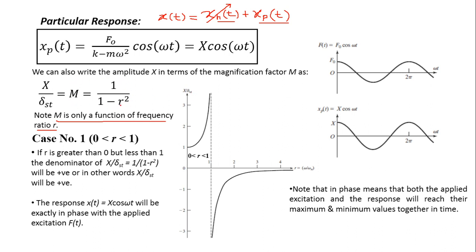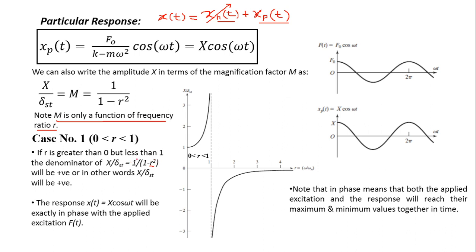You can substitute values of r between 0 and 1 and see how M is behaving. So if r is greater than 0 but less than 1, the denominator of this magnification factor will be positive, because r is either 0 or less than 1.